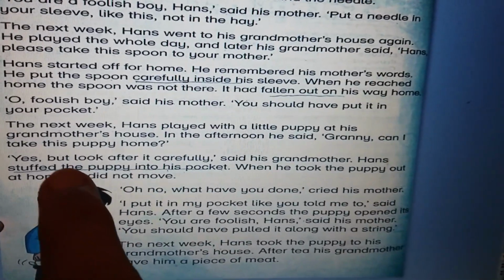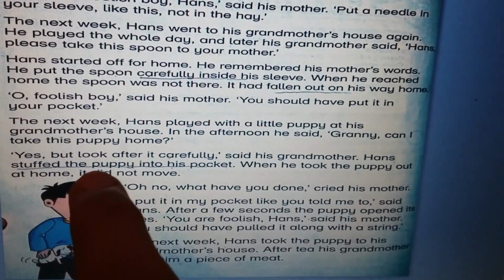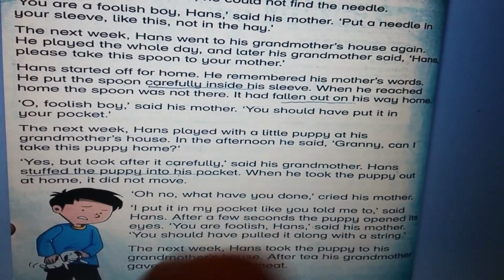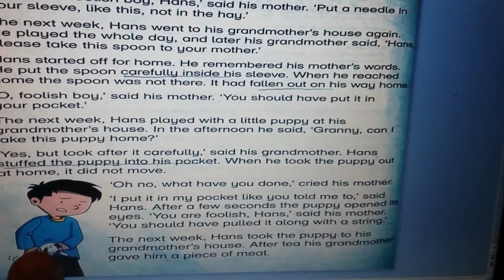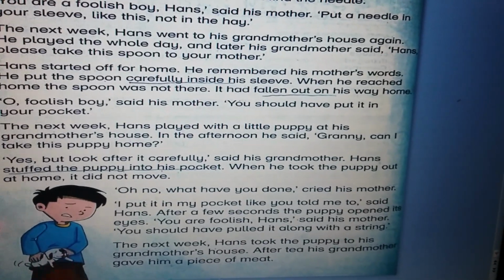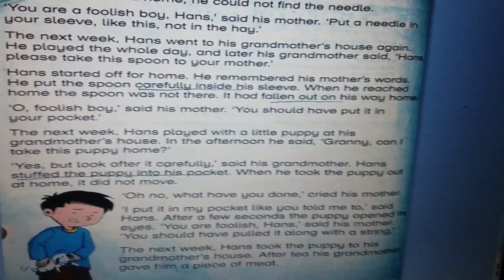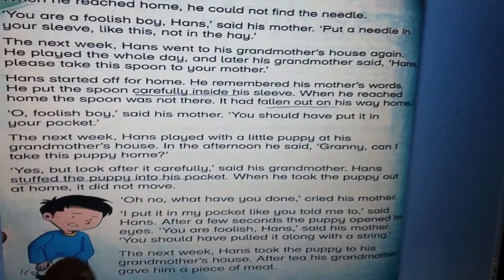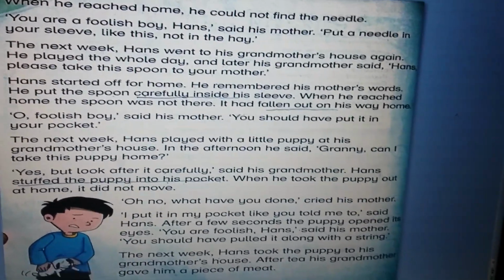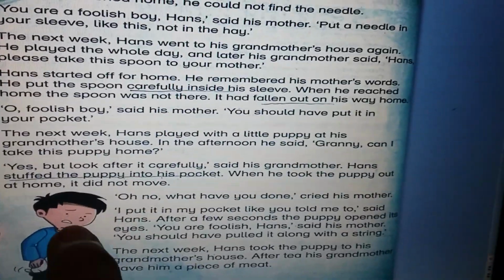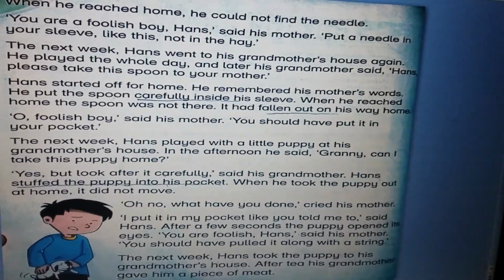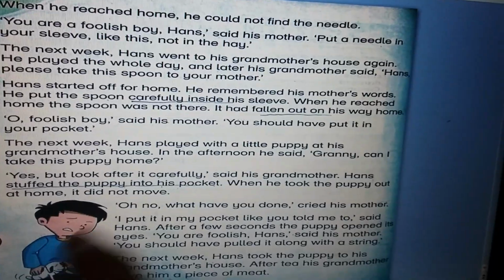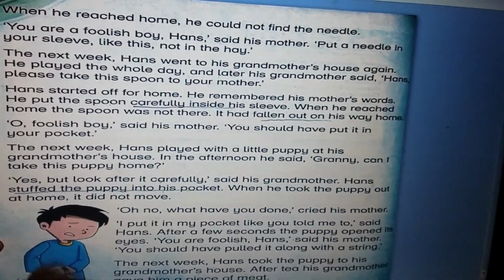Hans stuffed it, packed the puppy into his pocket. His pocket is very small, look at it. He's packing this dog into his pocket. What will happen? This is a living thing, it needs oxygen to breathe, and when he packs it tightly in the pocket, who will give oxygen to it?